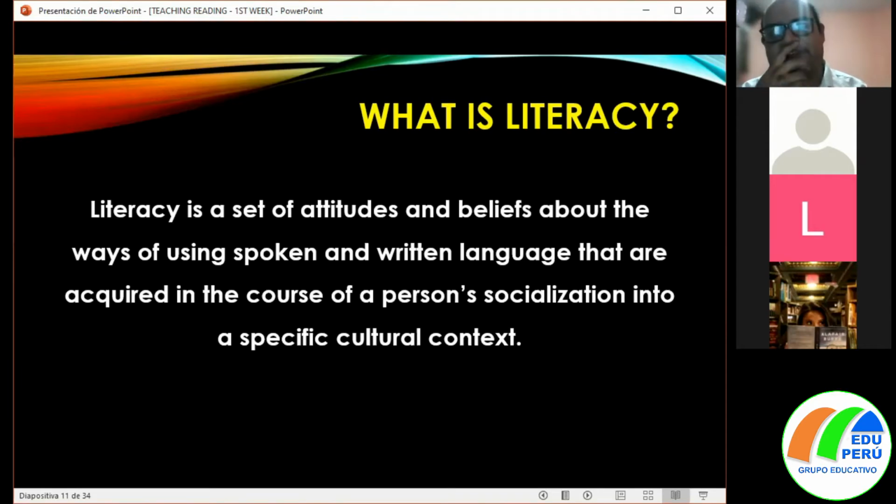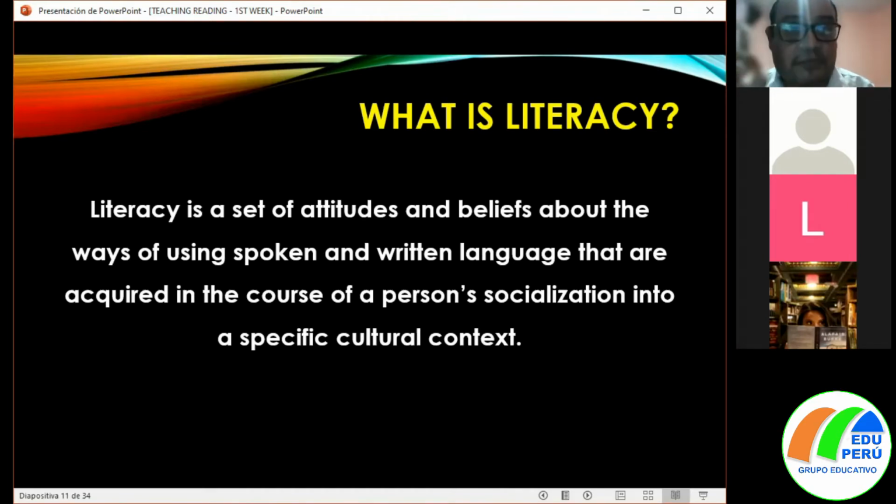Y me acuerdo que en esos tiempos, alfabetización solamente era las personas que no sabían escribir, ¿no? Pero ahora ya no se considera solamente la escritura, sino también el hablar. Cuando yo hablo de una persona alfabeta, quiere decir que es una persona que utiliza muy bien los recursos para poder escribir y hablar. This is literacy. In Spanish, alfabetización. Don't forget it.